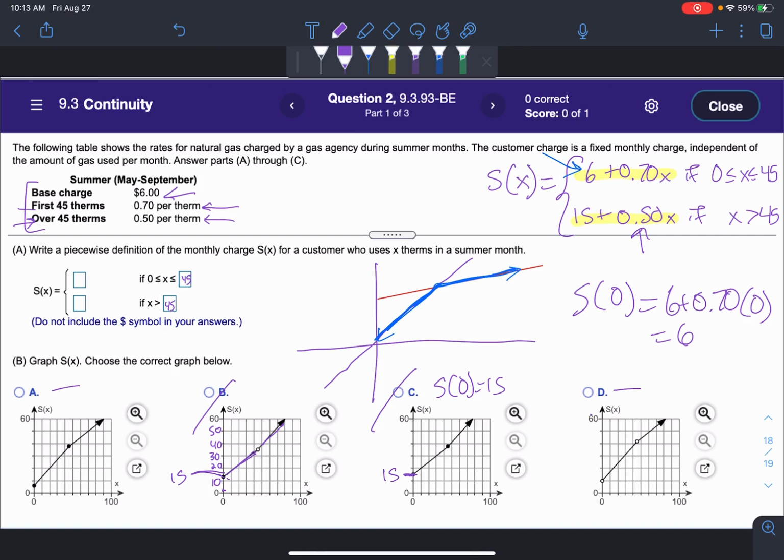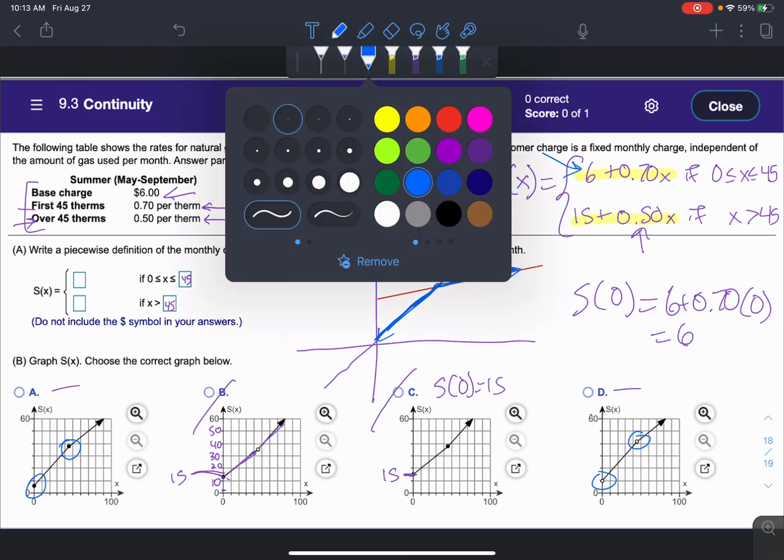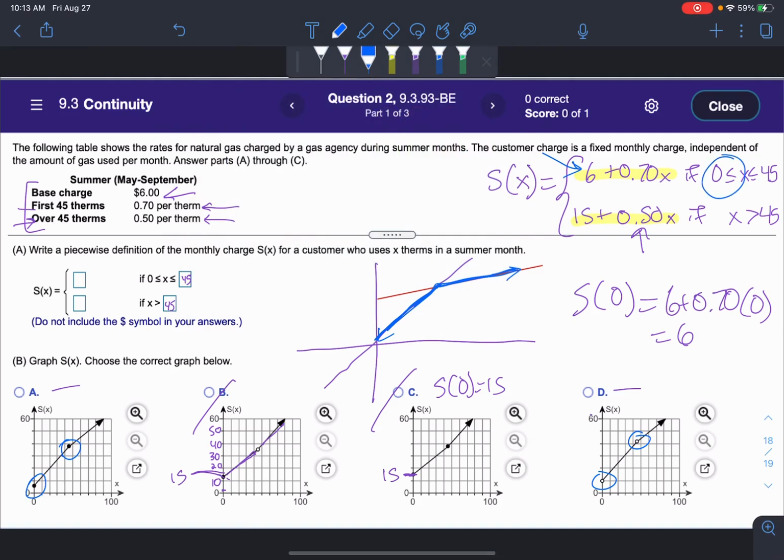Notice the only difference is whether the points are filled in or open. A quick indicator is looking at the first range. We can see that my 0 would be filled in, right? Because it says equals to. So A is probably the answer, but let's verify once more. Now we need to check, is this point filled in?